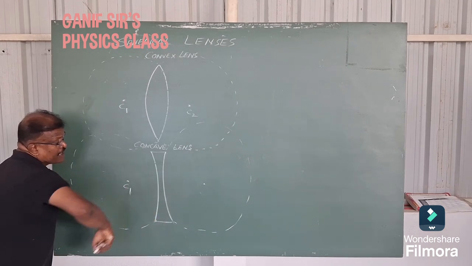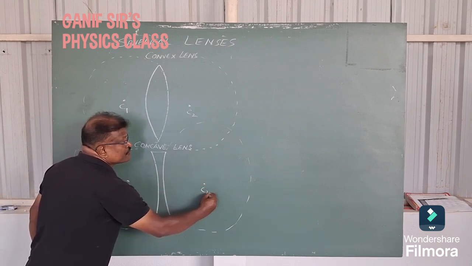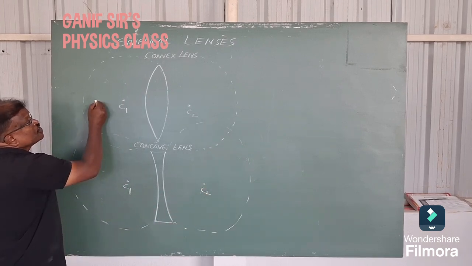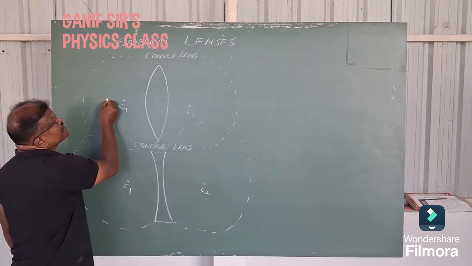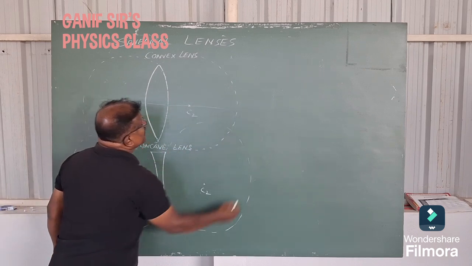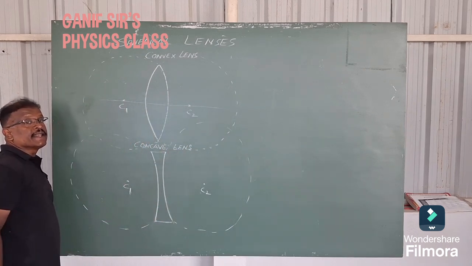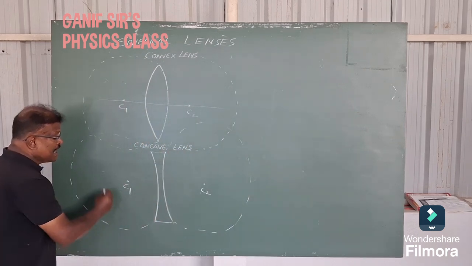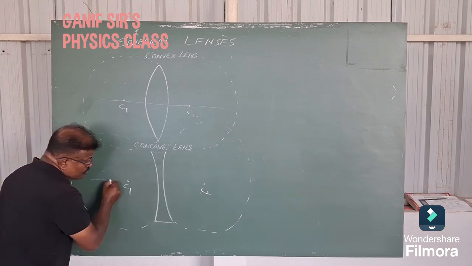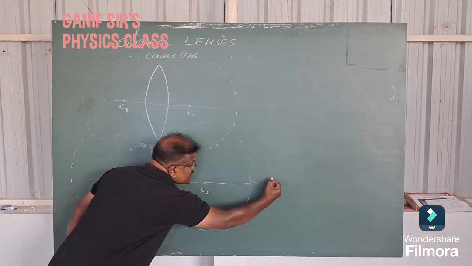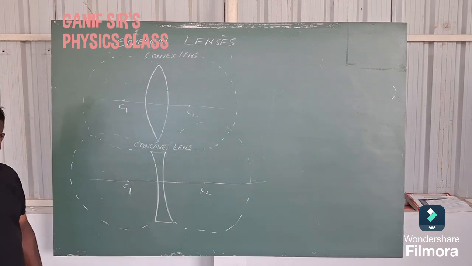So I name them C1 and C2. If I join these two centers by a straight line, then I call this straight line the principal axis. And I have this principal axis on the concave lens also.